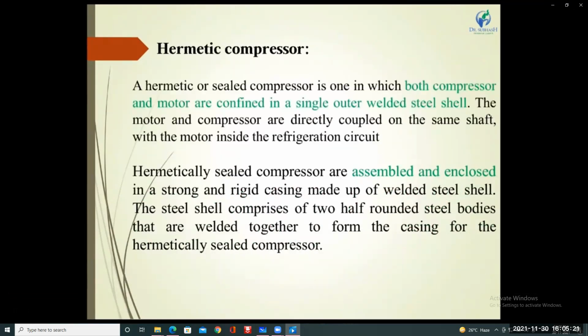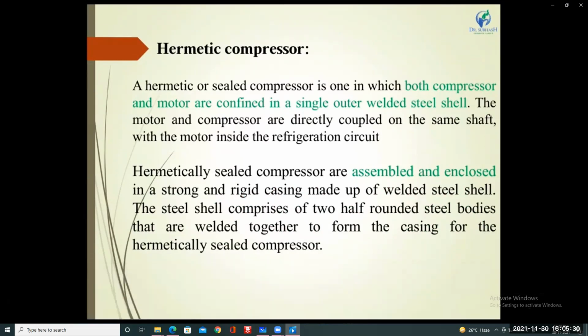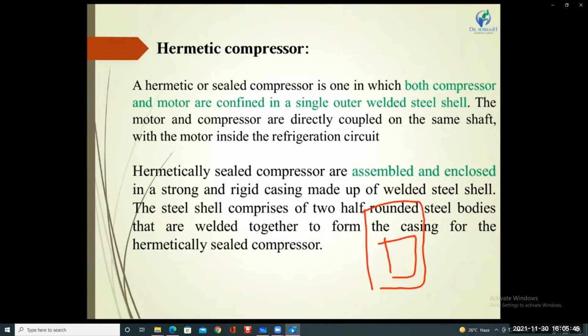Hermetically sealed compressor. A hermetically sealed compressor is one in which both the compressor and motor are confined in a single outer welded steel shell. Assume there is one steel shell. We put in one element as a motor, which gives rotary motion, and another as a compressor, which can be single acting, double acting, scroll compressor, screw compressor, any type of compressor.